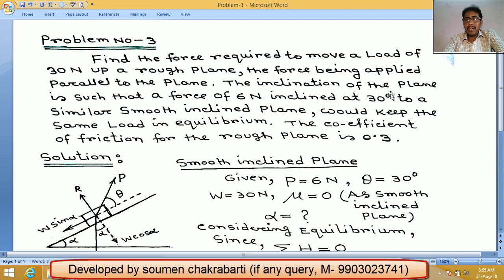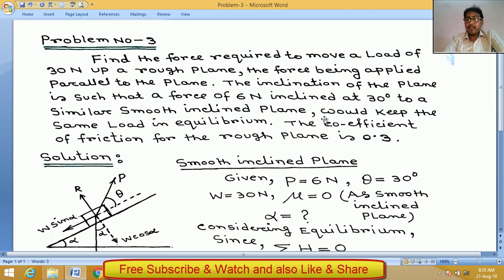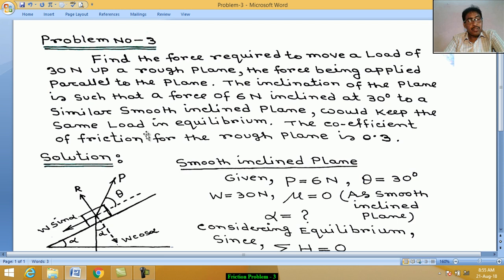The inclination of the plane is such that a force of 6 Newton inclined at 30 degree to a similar smooth inclined plane would keep the same load in equilibrium. The coefficient of friction for the rough plane is 0.3.